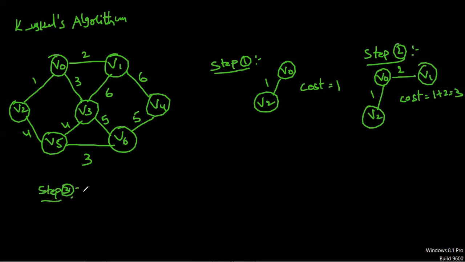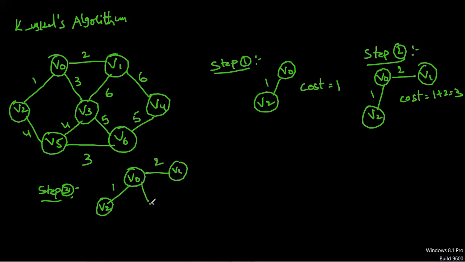Here in step 3, we have two edges with the same cost, V0 to V3 and V5 to V6. Both have the same cost, so we select V0 to V3 with cost 3, along with the edges from step 2.